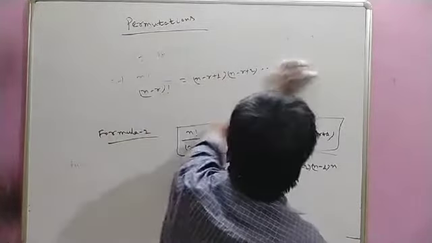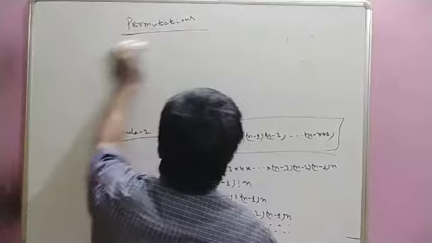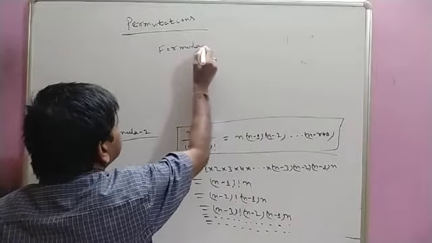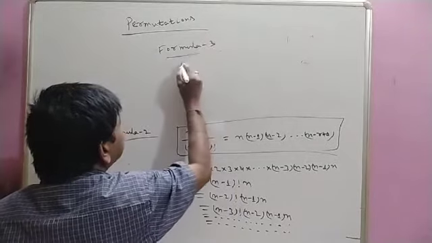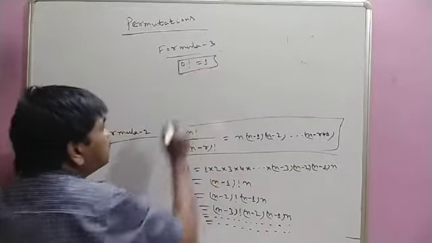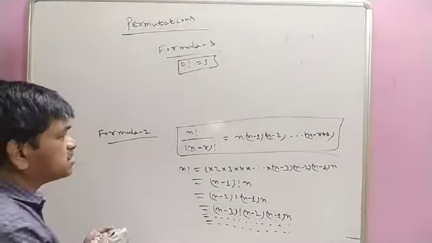So what is your formula 3? Formula 3 you write: 0 factorial is equal to 1. How is it 1? Let us discuss.